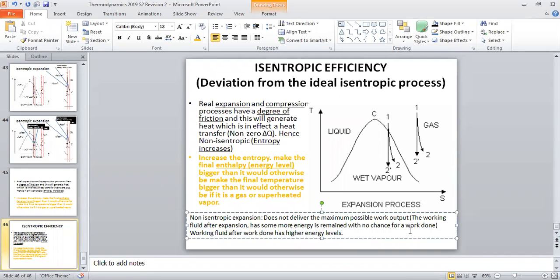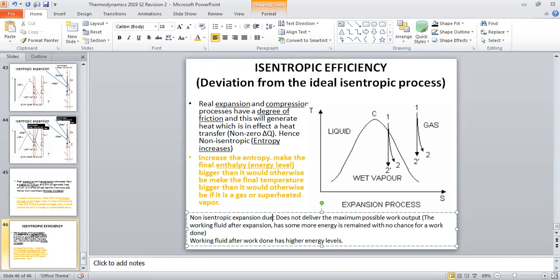It has higher energy levels because of irreversibilities, and due to irreversibility and heat increase, that is delta Q. That is enough for the moment.